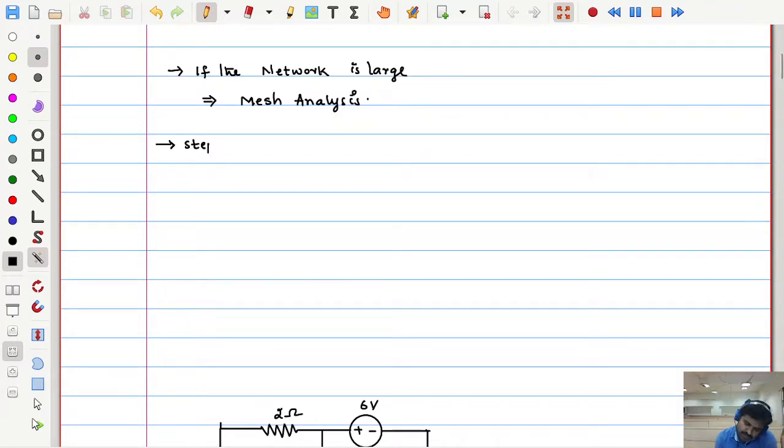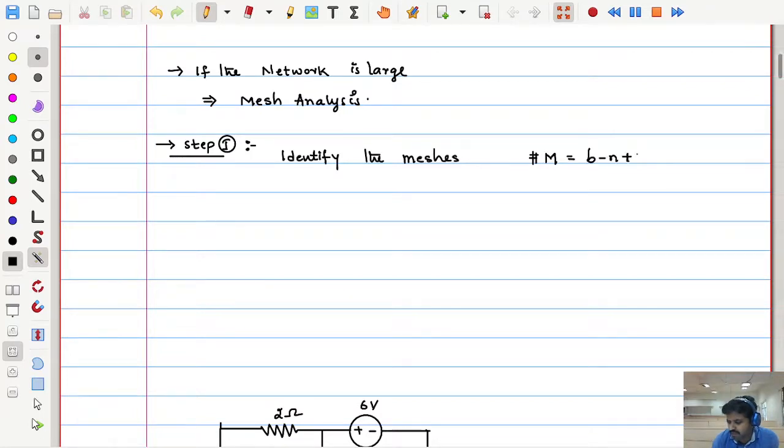Step 1 in the mesh analysis is to identify the meshes in a given circuit. Usually the number of meshes is equal to branches minus nodes plus 1.